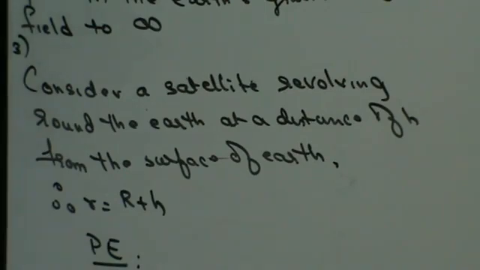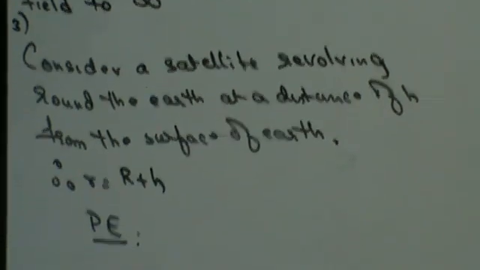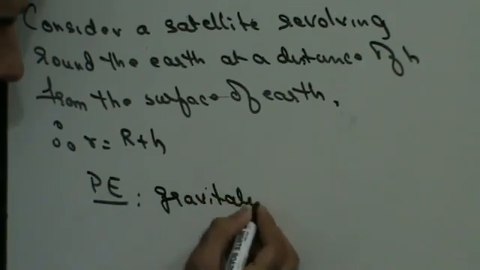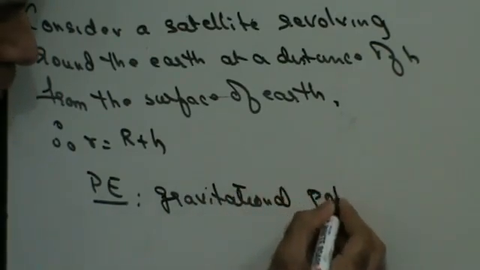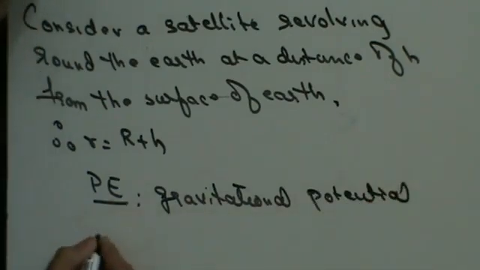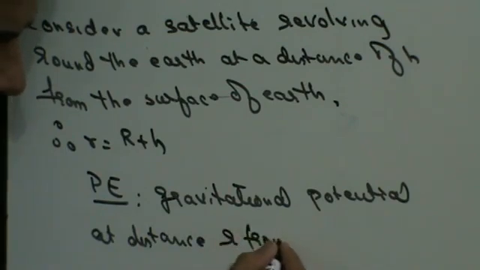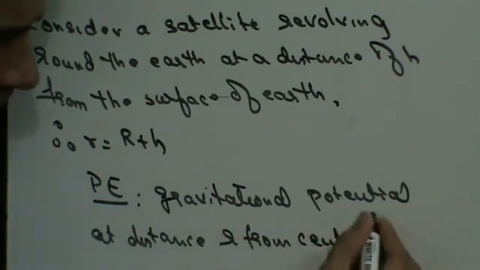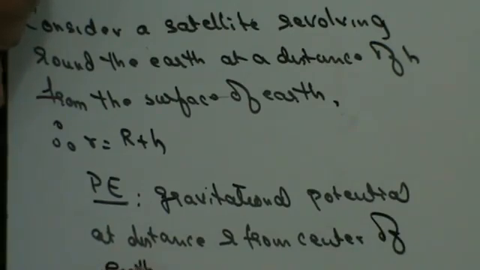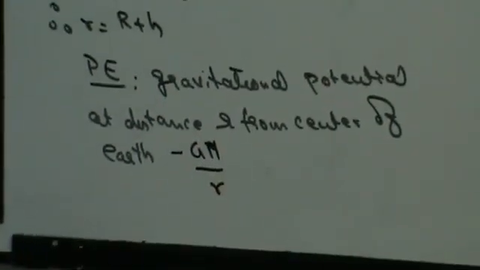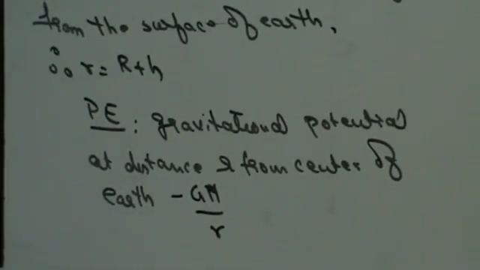Now, the gravitational potential at a distance r from the center of the Earth is given by the formula minus GM upon r.